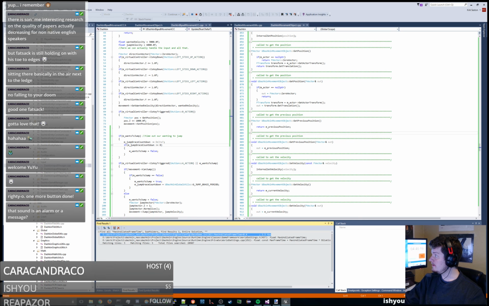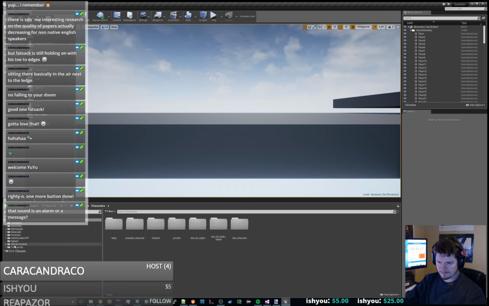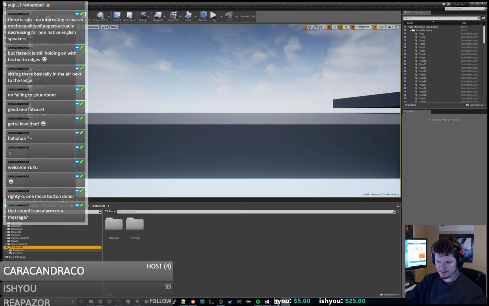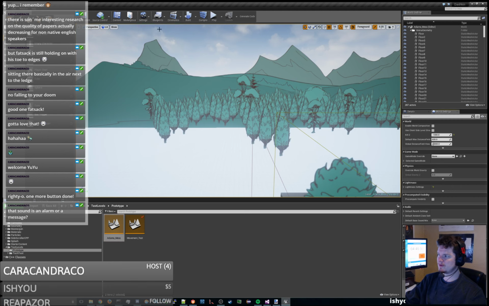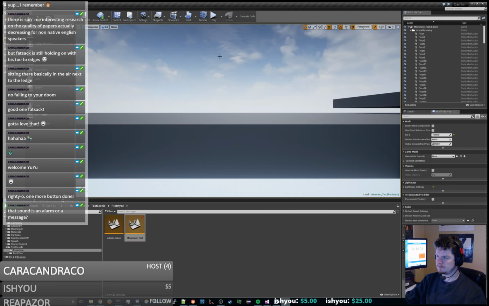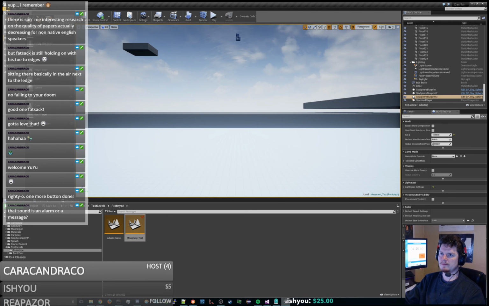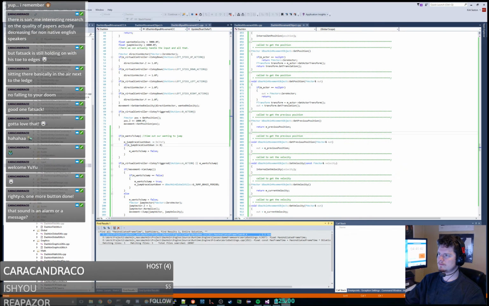So let's go to Adam's map real quick. It's down here in test levels, prototype. Adam's mess. Gotta love that. And settings, world settings. And yeah, it did actually set it, so we're good to go. Excellent. So it worked.